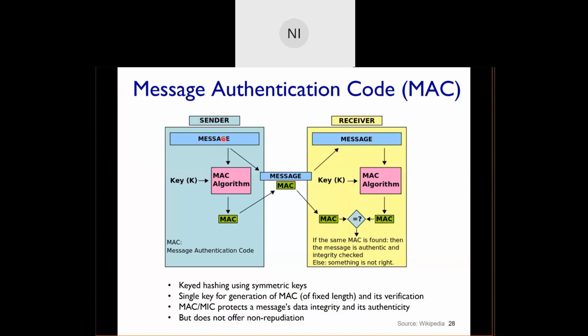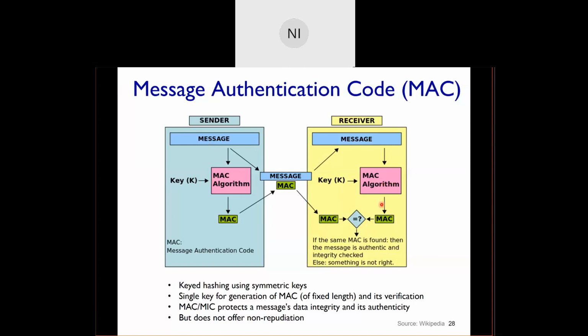Alice has sent some message. I am not saying it is secret because as you see the message is going in plain text. And Alice has also sent the message authentication code which Bob has received. And Bob has verified the authenticity of the message and Bob comes to know that it is indeed coming from Alice. So that part is clear.